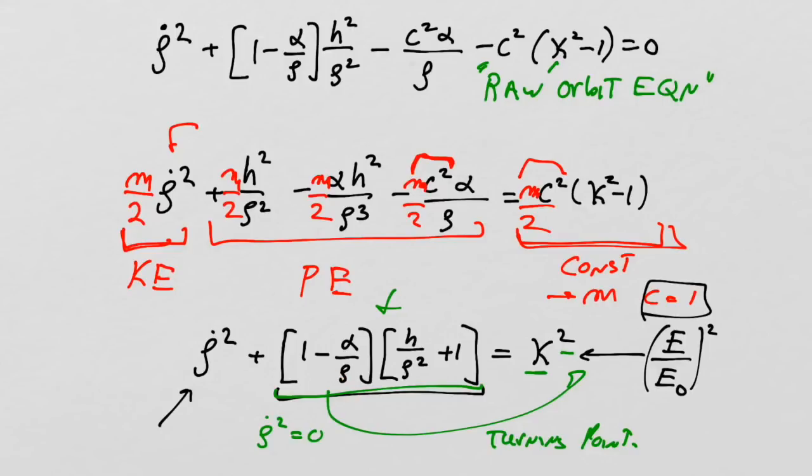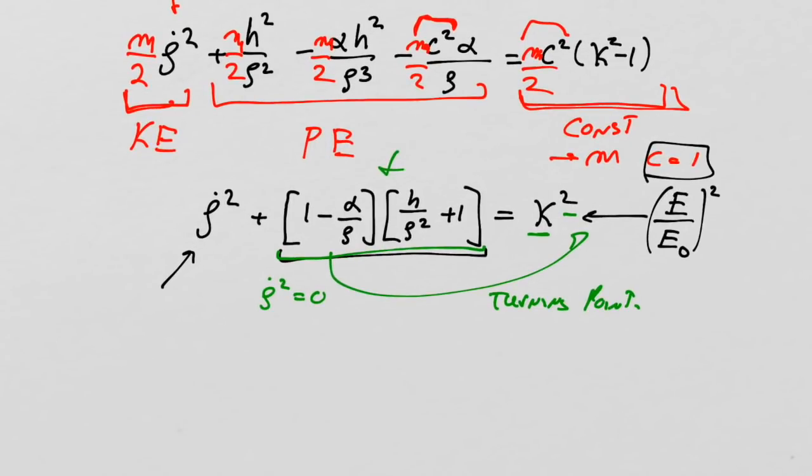Is that the right way to say it? Well, we're going to graph it in a moment, so it'll be pretty evident. The point is that's how we think of a potential in the classical problem as well. We think of the turning points being that spot where all of the energy is potential energy and there's 0 kinetic energy.